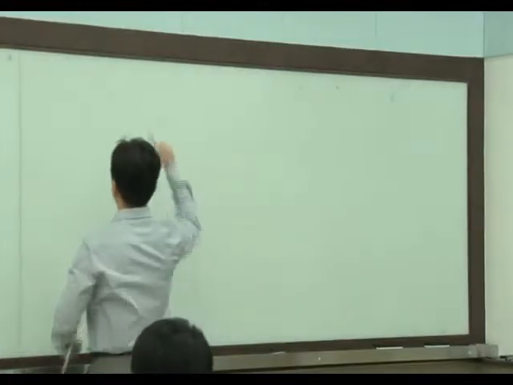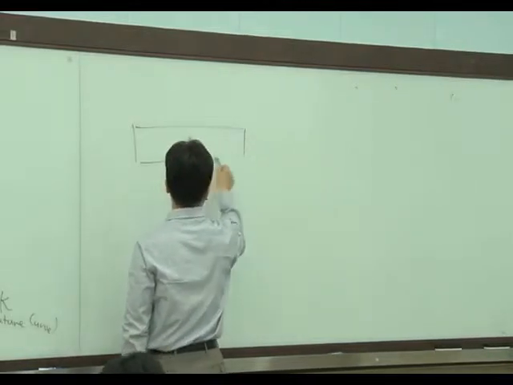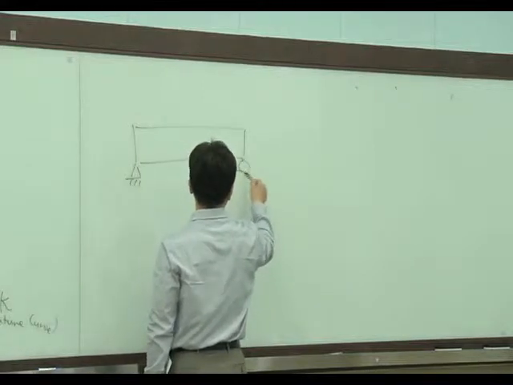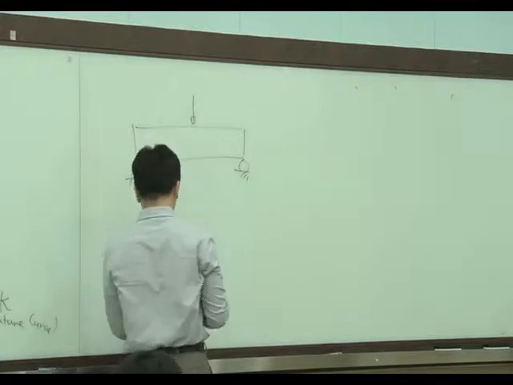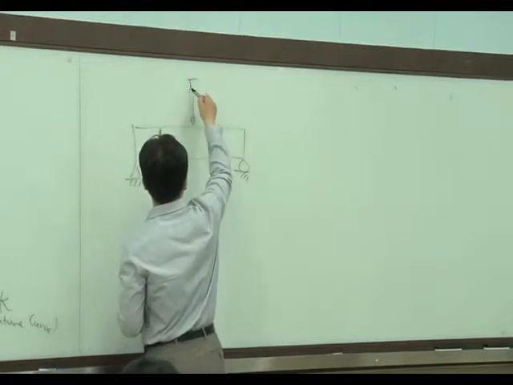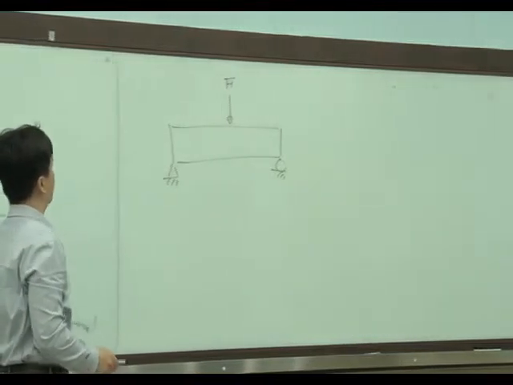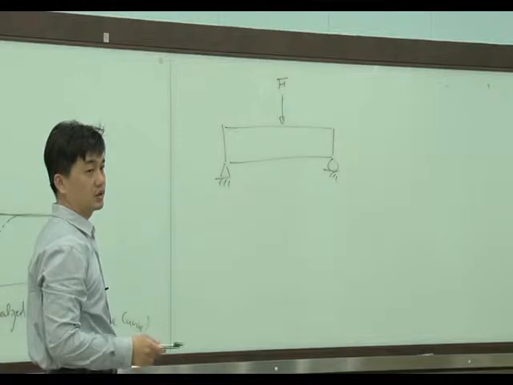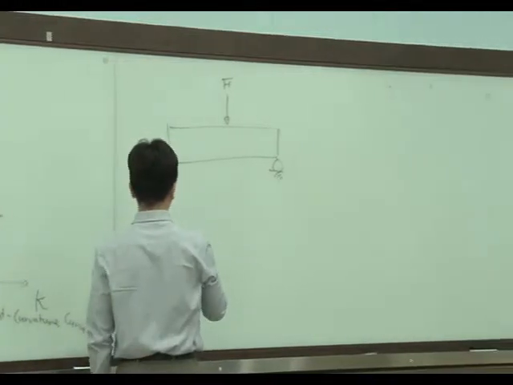Okay, let's consider a simple beam case for understanding the plastic behavior of a beam. At the center, we apply force F. Then I'm going to increase that force little by little.